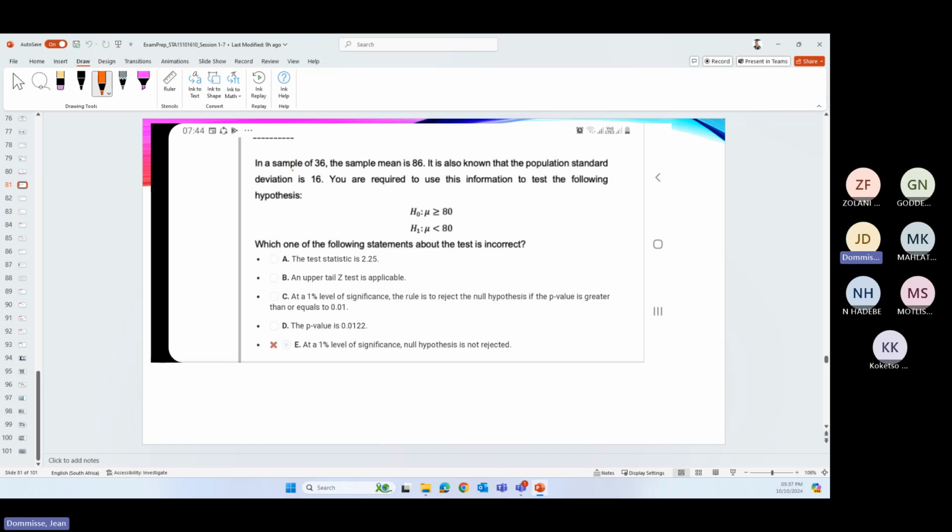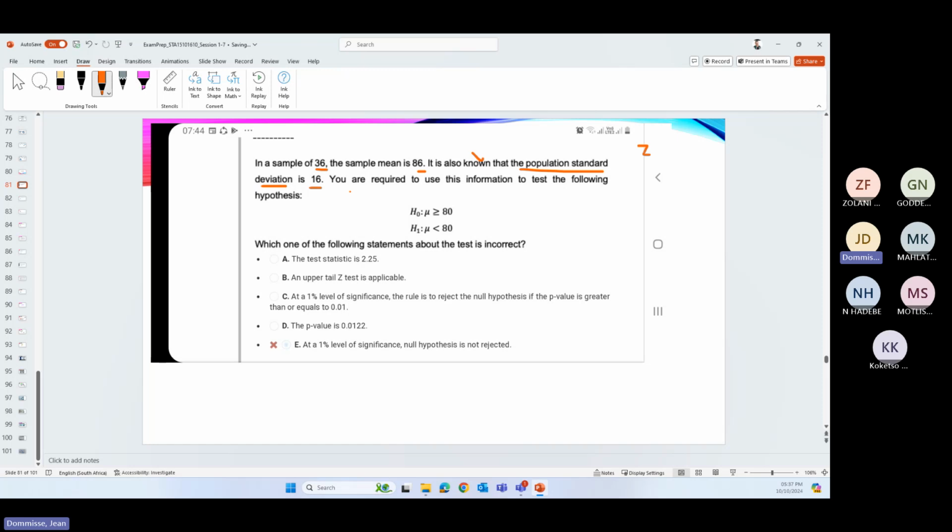So a sample of 36 with a sample mean. It's also known that the population standard deviation is 16, but look at that. The population standard deviation is known. So we know that we're going to work with a Z in this one.